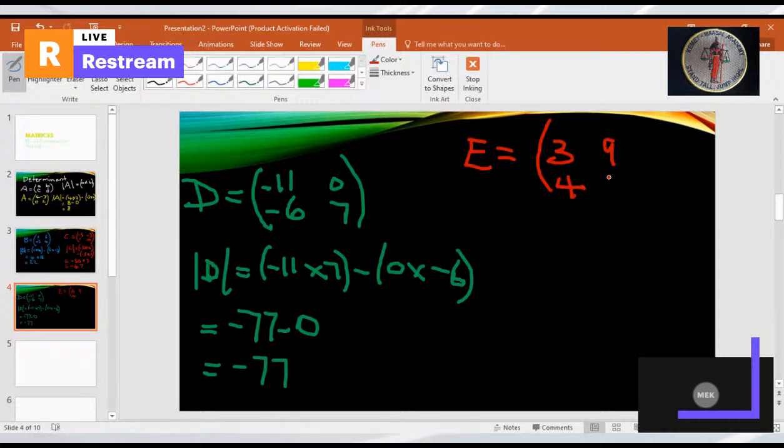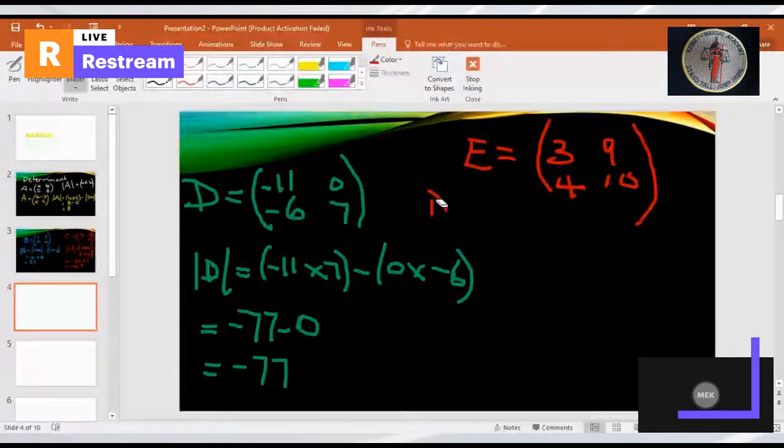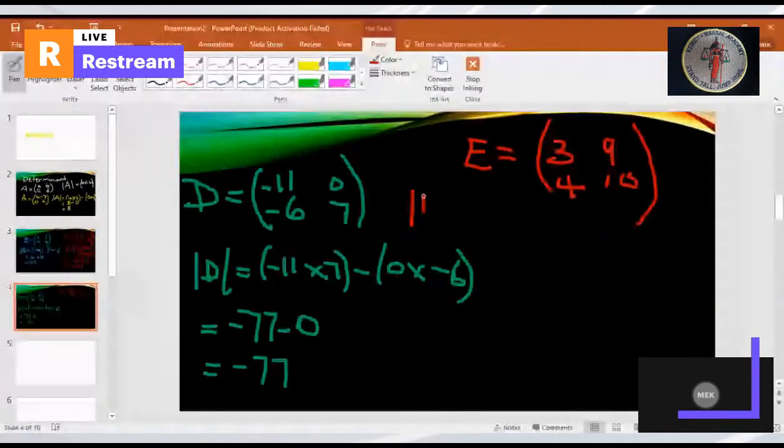So the determinant of E would be 3 times 10, A times D, minus B times C. So that's minus 9 times 4. 30 minus 36. So the determinant is 6.